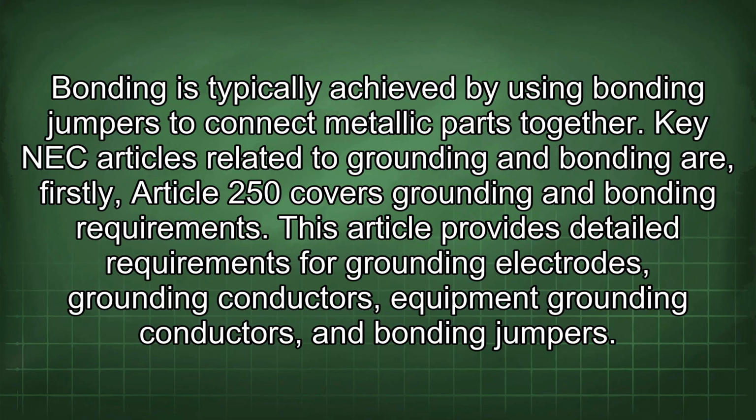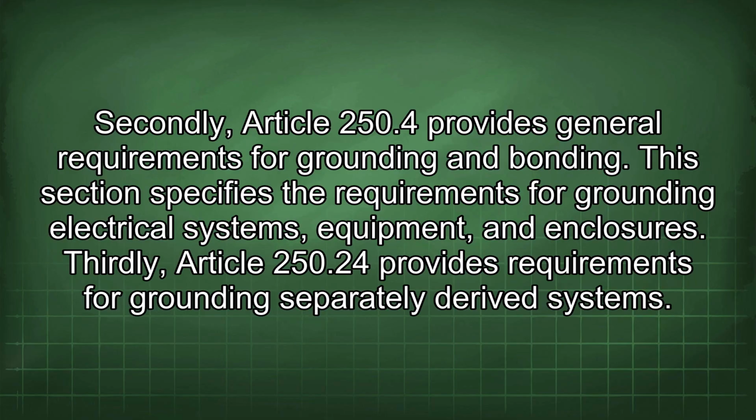Key NEC articles related to grounding and bonding are: firstly, Article 250 covers grounding and bonding requirements. This article provides detailed requirements for grounding electrodes, grounding conductors, equipment grounding conductors, and bonding jumpers. Secondly, Article 250.4 provides general requirements for grounding and bonding.